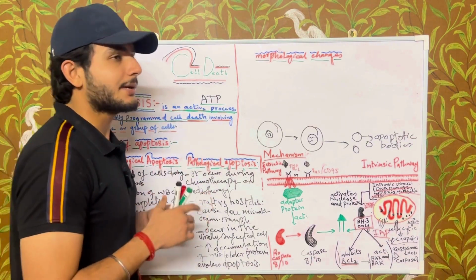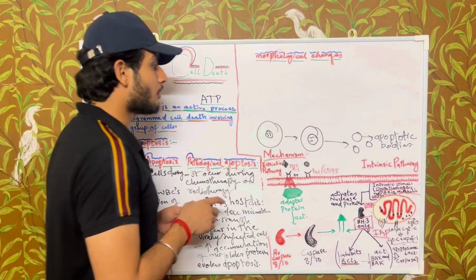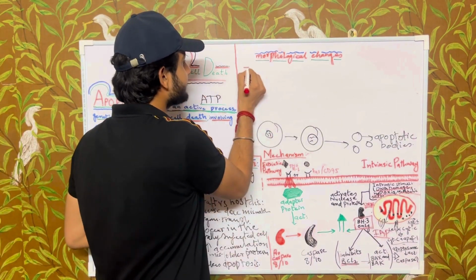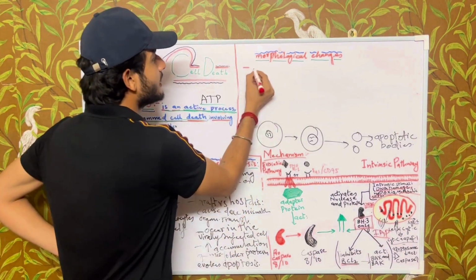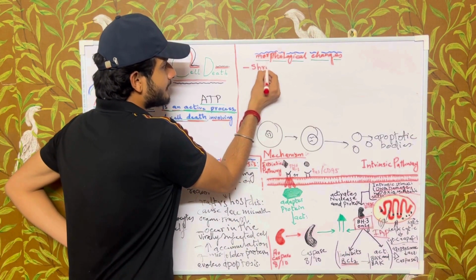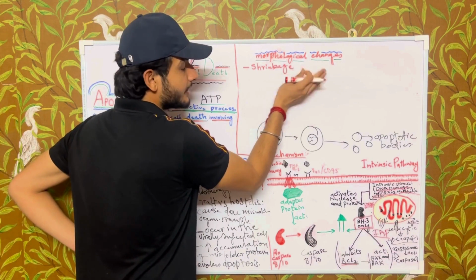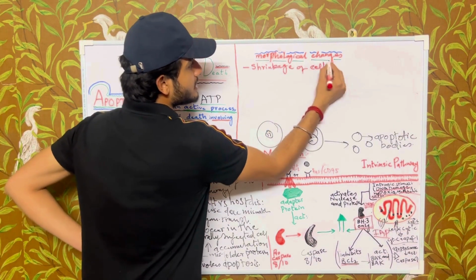During apoptosis, some morphological changes are seen. So what changes are seen during apoptosis? Let's discuss them. Firstly, there will be shrinkage of the cell. This is the first event occurring during apoptosis.